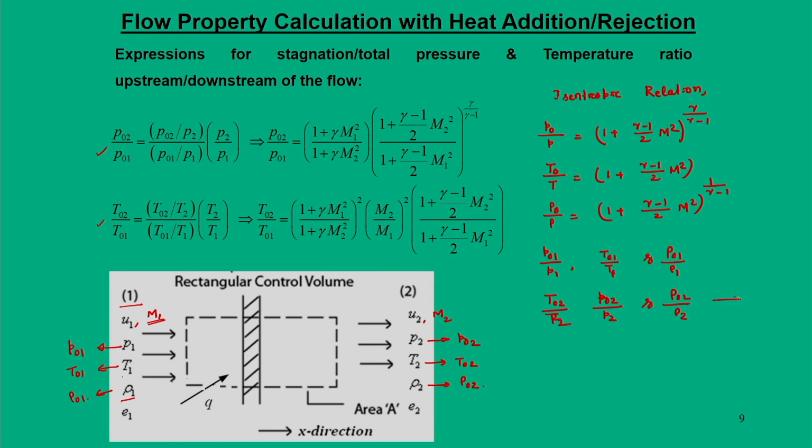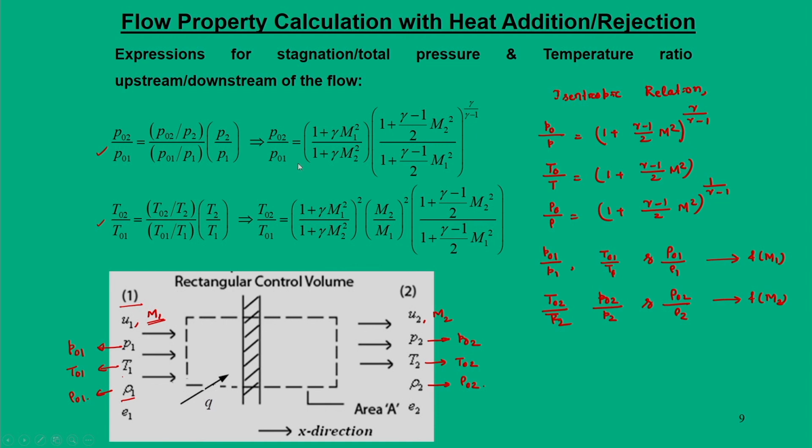Here, this is a function of M2, and this is a function of M1. But we now require the ratio between P naught 2 and P naught 1. So, we write P naught 2 by P naught 1 as P naught 2 by P2 into P2, and in the denominator it is P naught 1 by P1 into P1.